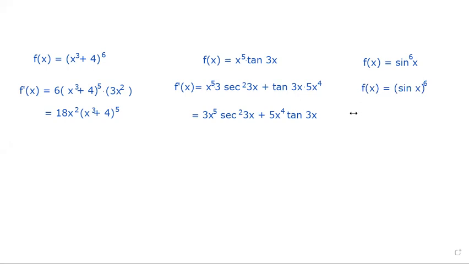All right, we're going to have our derivative is going to be, let's bring that 6 down. I took it to the 6th power on purpose like we did the last one. And that's going to be raised to the 5th. And now the derivative of the parentheses, which is cosine x.